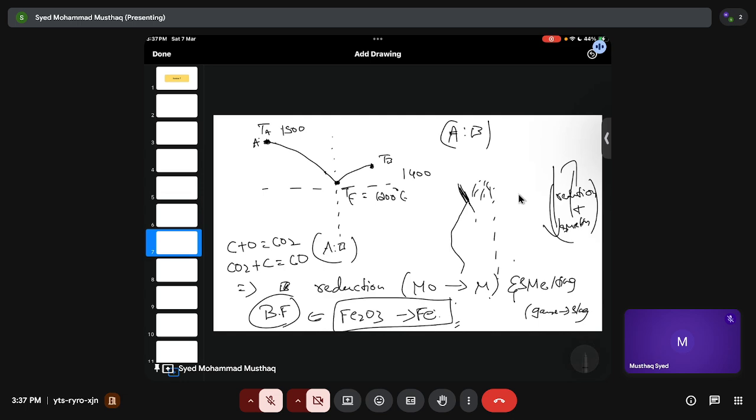Now moving on to different types of reducing agents. One good thing about reduction with carbon is that carbon can take load. The coke can take load. That's why your blast furnace is very tall. Whatever coke is there can take the load; it will not break that easily.